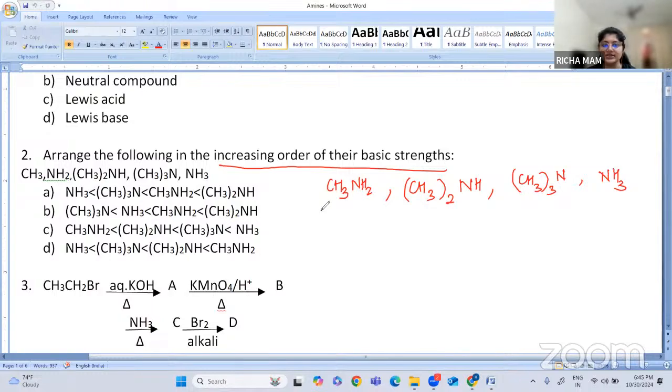What is the answer? Methylamine, dimethylamine, trimethylamine, and ammonia. Arrange them in the increasing order of their basic strength. What is the answer, students? Try to answer.